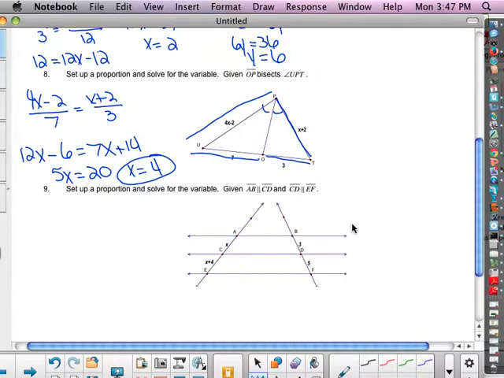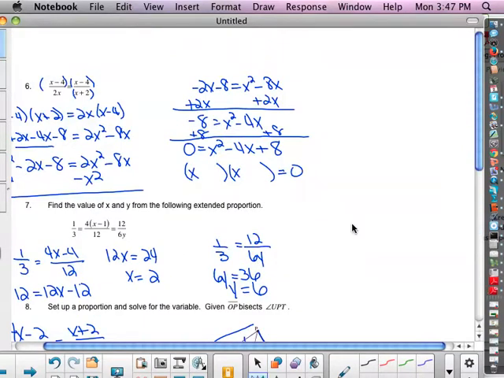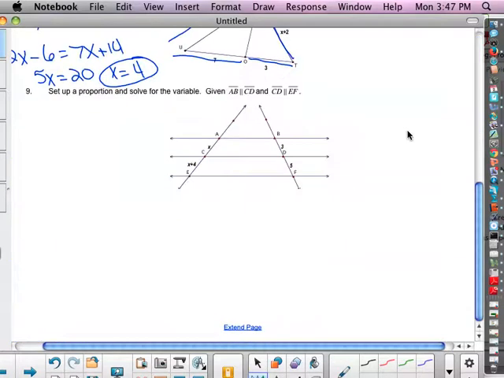Number 9, I have a proportion. I have that AB, CD, and EF are all parallel. Therefore, AC is to CE as BD is to DF.